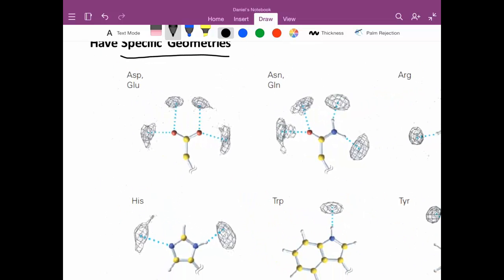So in the specific case of the carboxylic acid functional group, you've got the acceptor right here, and the most common location of donors when looking across all the crystal structures are these, indicated by these mesh sites.